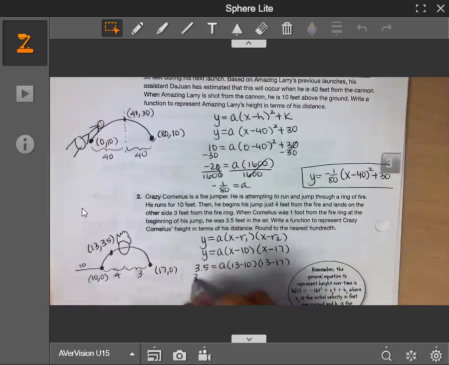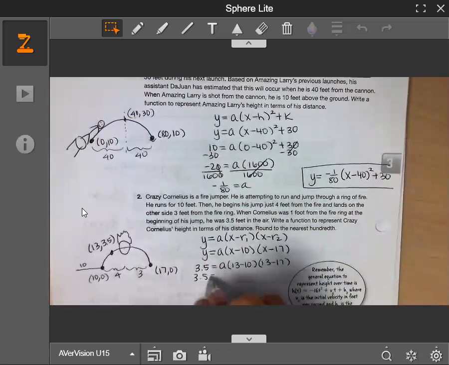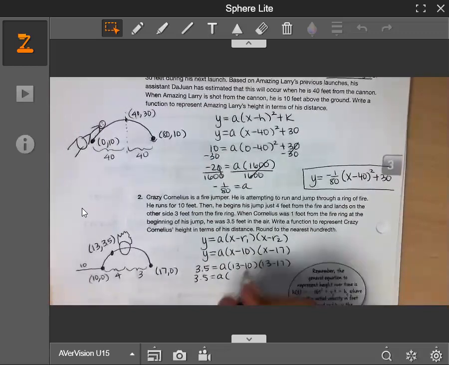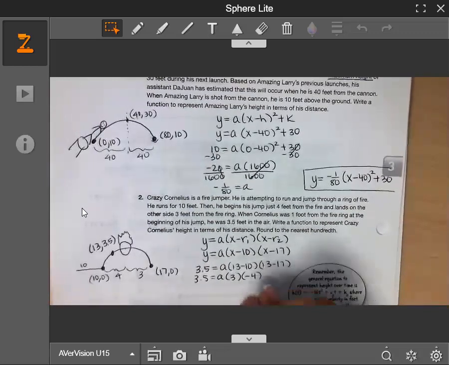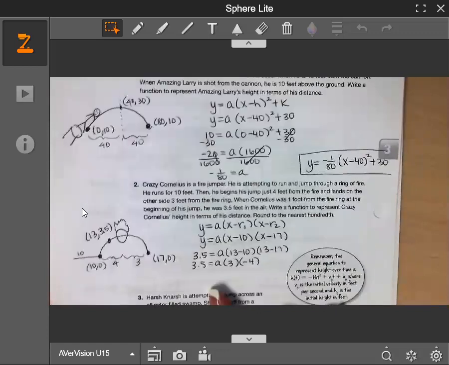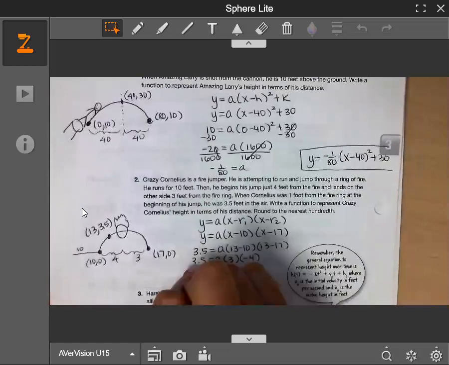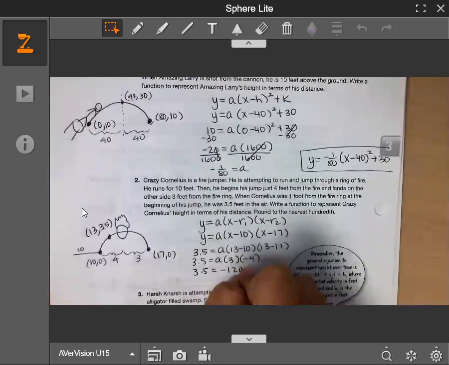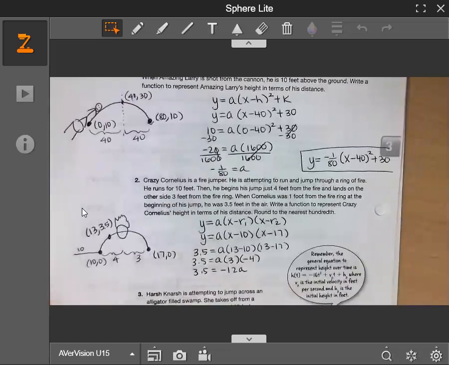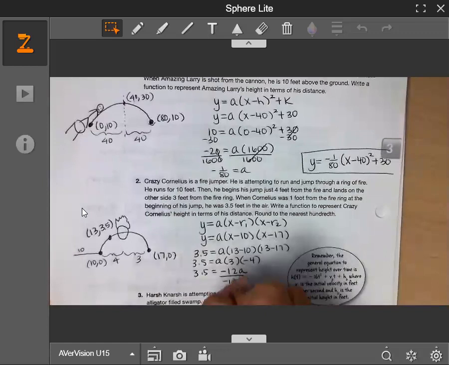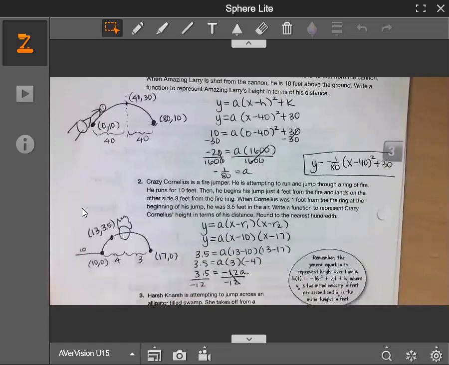It's time to simplify this a little bit. So in this first parentheses, I get a 3. In this second parentheses, I get a -4. I multiply that together and I get -12a. We divide by -12. You're just solving at this point for our unknown variable.